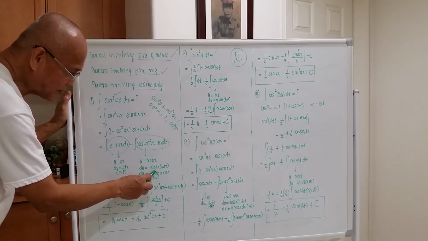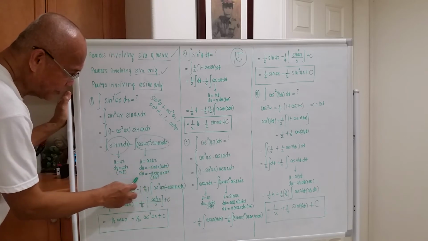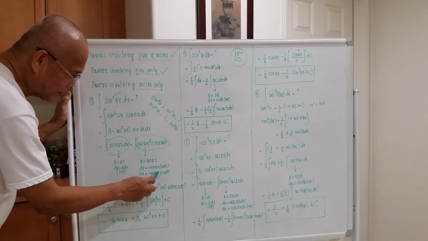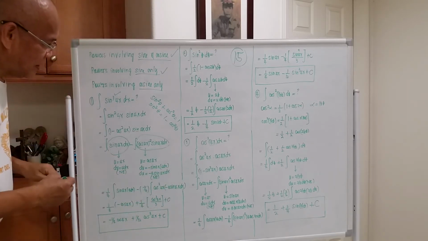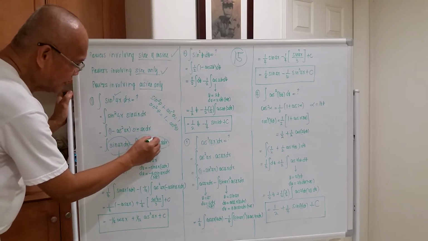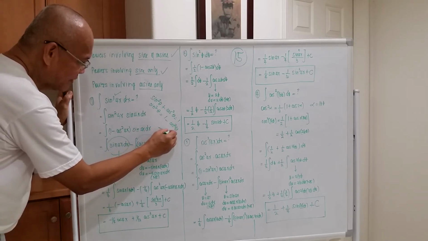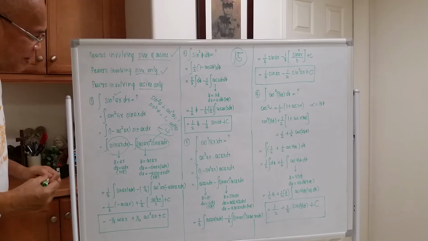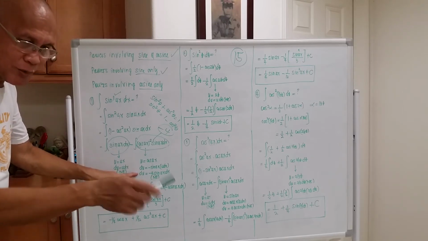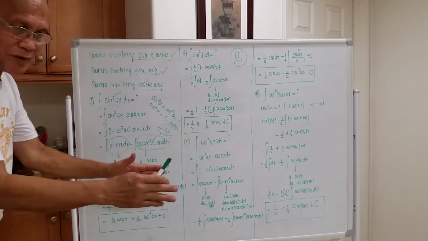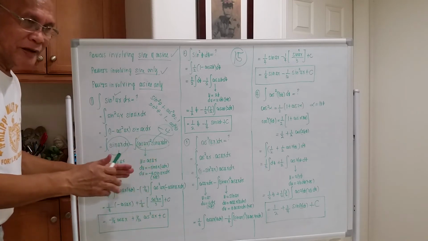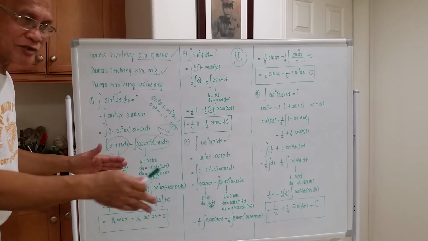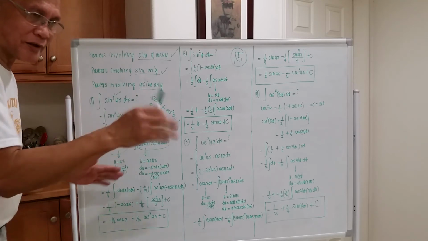So du is negative 4 sine of 4x dx. We are missing the value of negative 4 here. So du for the second one is also not exact, but there's no problem. We could insert the missing constant for us to integrate it.